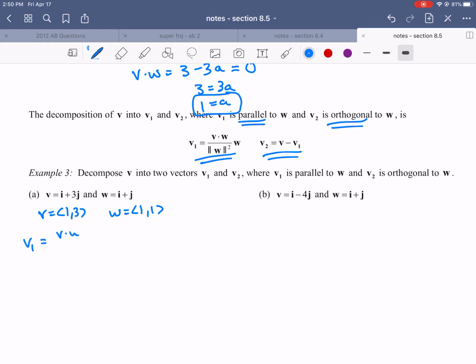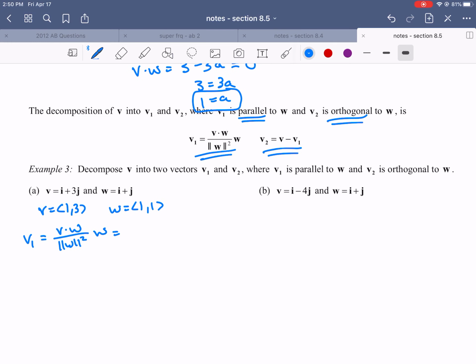It is v dot w divided by the magnitude of w squared, and then multiply that by w. And so the first thing we want to figure out is what is the dot product. So the dot product is going to be the first components multiplied together, which will give me 1, plus the second components multiplied together, which will give me 3, divided by the magnitude of w squared.